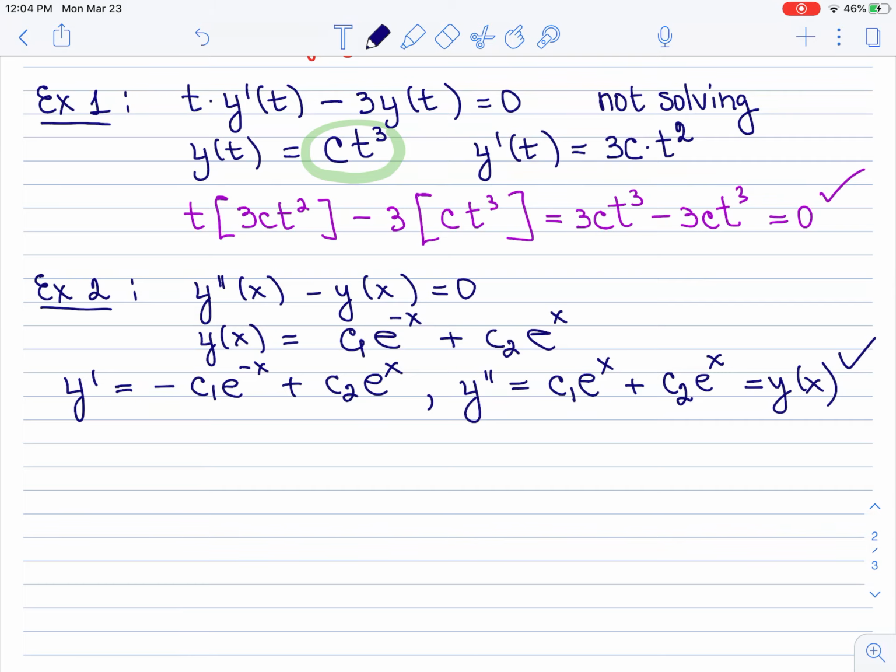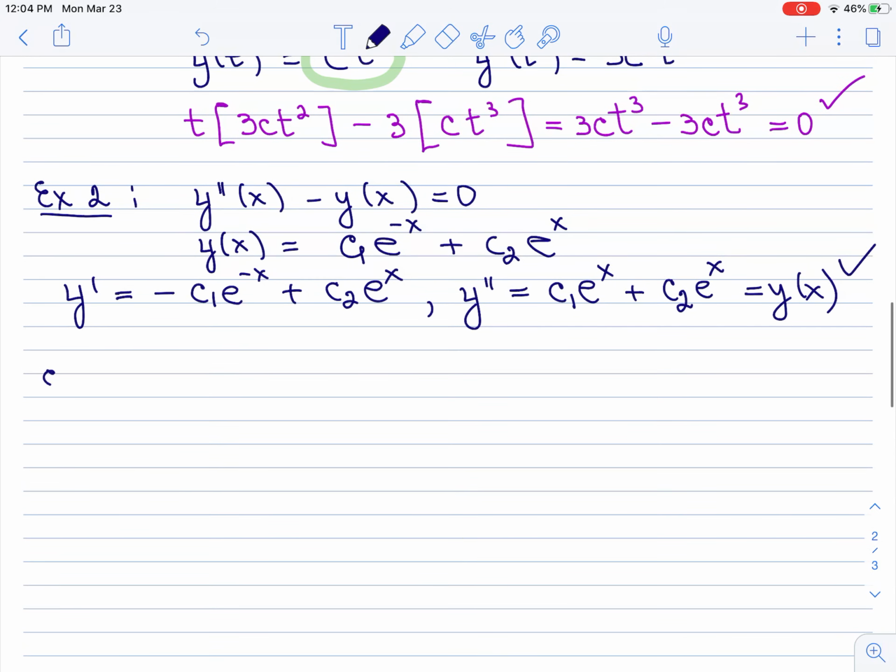Okay. All right. So then the last example for this video. Let's say we have the following: u double prime of t, minus 2u prime of t, plus u of t is equal to 0.